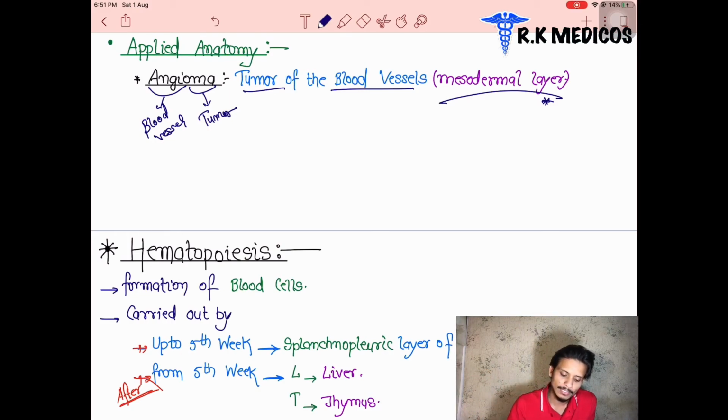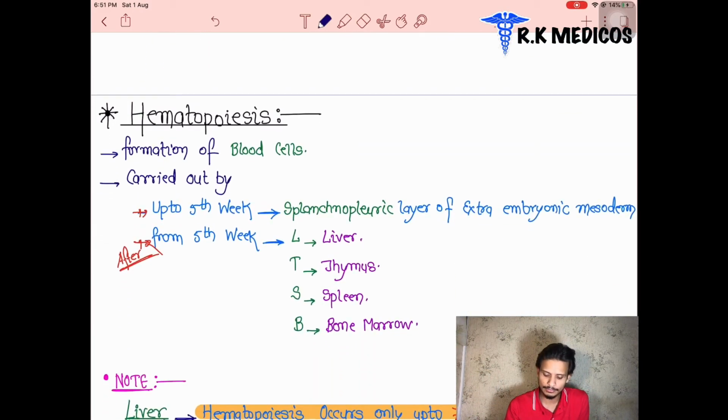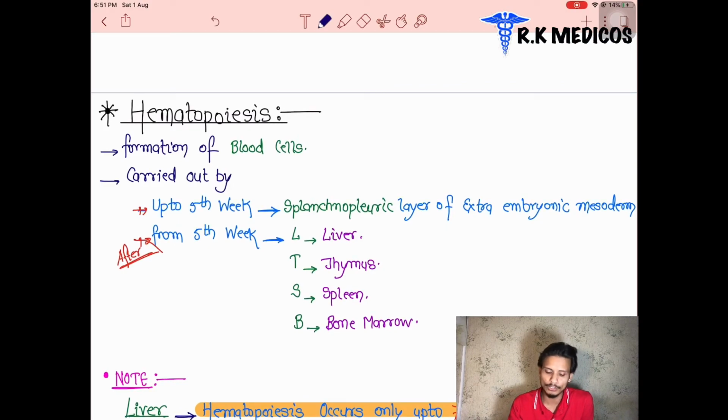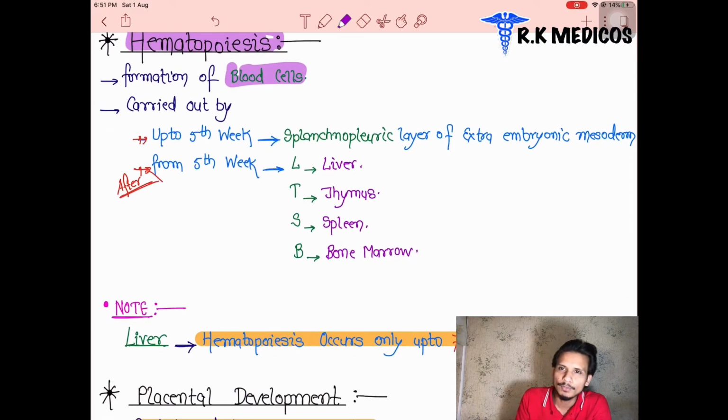Now we are going to see the next step in the third week. What is going on? Blood cells are synthesized, that is hematopoiesis. The formation of blood cells is carried out up to the 5th week. Starting from the 3rd week and up to the 5th week, they are synthesized by the splanchnopleuric layer of extra-embryonic mesoderm.